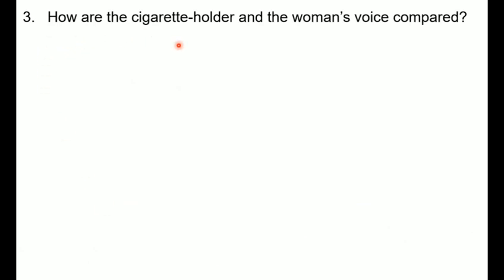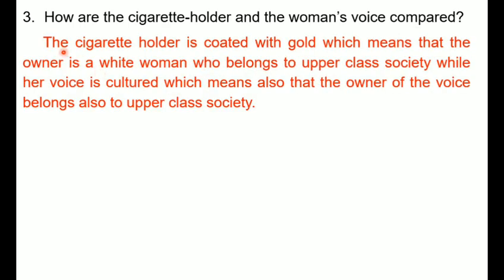How are the cigarette holder and the woman's voice compared? Okay, suggested answer. The cigarette holder is coated with gold, which means that the owner is a white woman who belongs to upper class society, while her voice is cultured, which means also that the owner of the voice belongs also to upper class society.